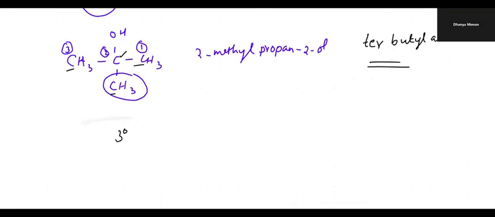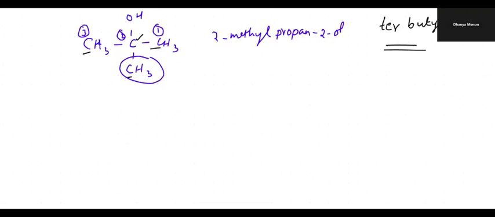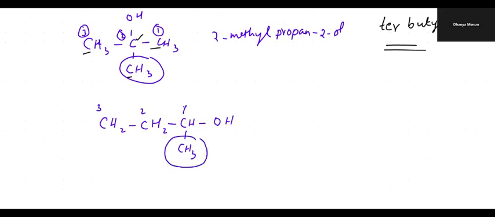Now, similarly, another example which I would give is CH3, CH2, CH, OH, CH3. So IUPAC name, we start the numbering from here 1, 2, 3. But why not from here? We can start the numbering from here. So this is wrong numbering, please, because here methyl can be included in the straight chain, right? So methyl can be included in the straight chain like this.